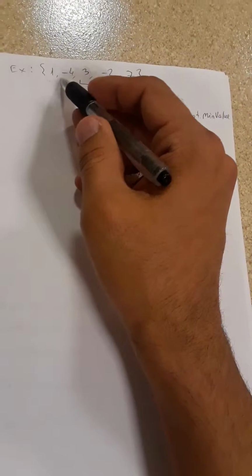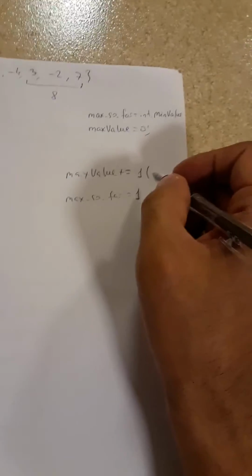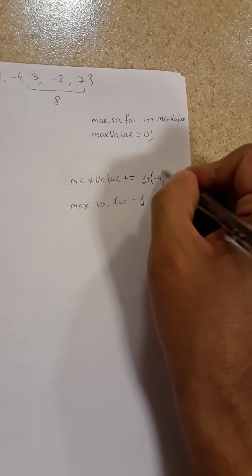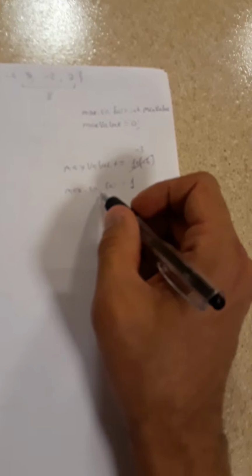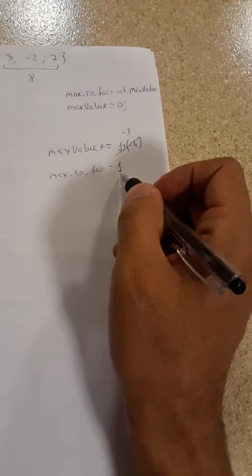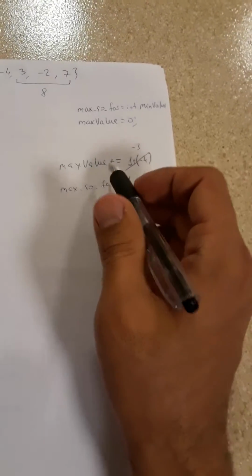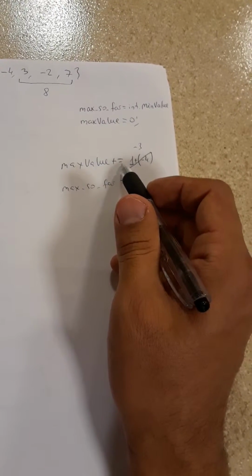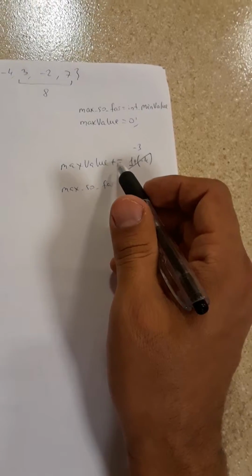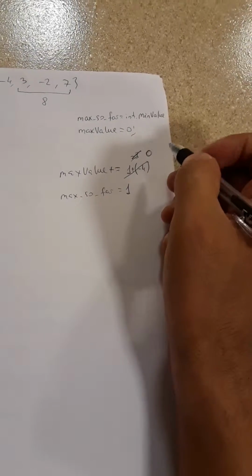Then we go to the next element of the array and increment our max value by this element, which is -4, and it will make our max value equal to -3. We check if it's greater than the current max so far. It's not, so our max so far will be untouched. But since our max value is now negative, less than 0, in this case we always reset our max value and make it equal to 0.